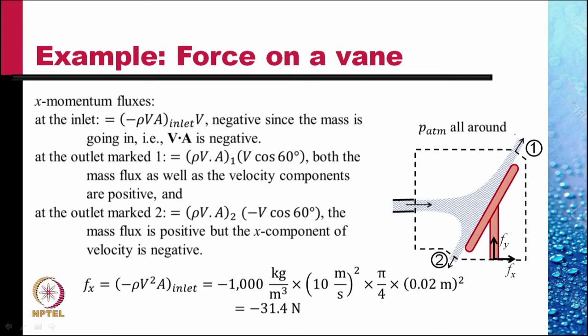So there is only a net influx or a negative flux of rho, which is 1000 kilogram per meter cube into velocity square, velocity is 10 meters per second, into the area. Area is 2 centimeter, so it's pi by 4 into 0.02 meter whole square, and there is a minus 31.4 Newton.